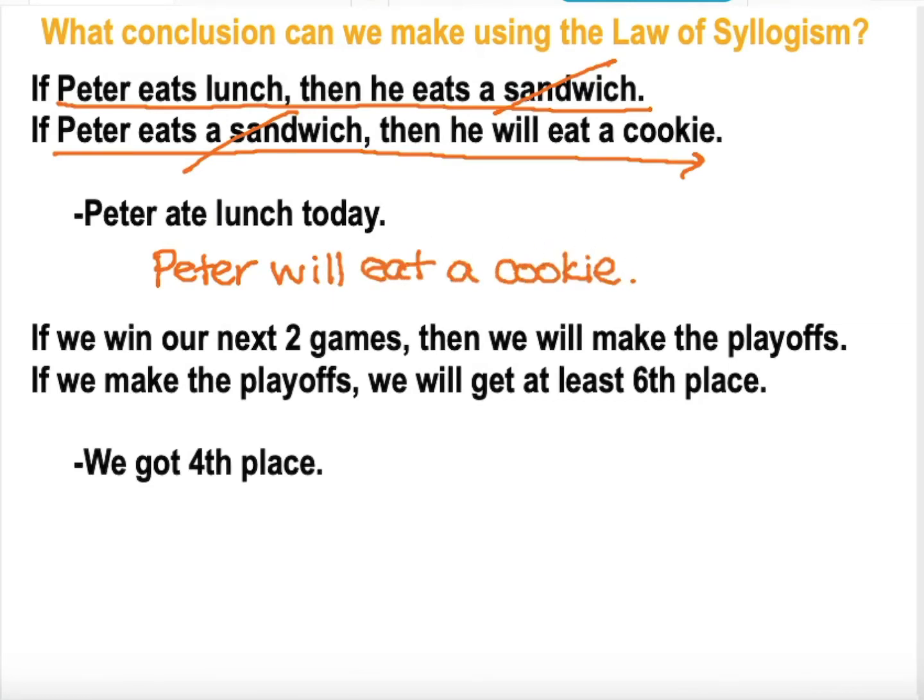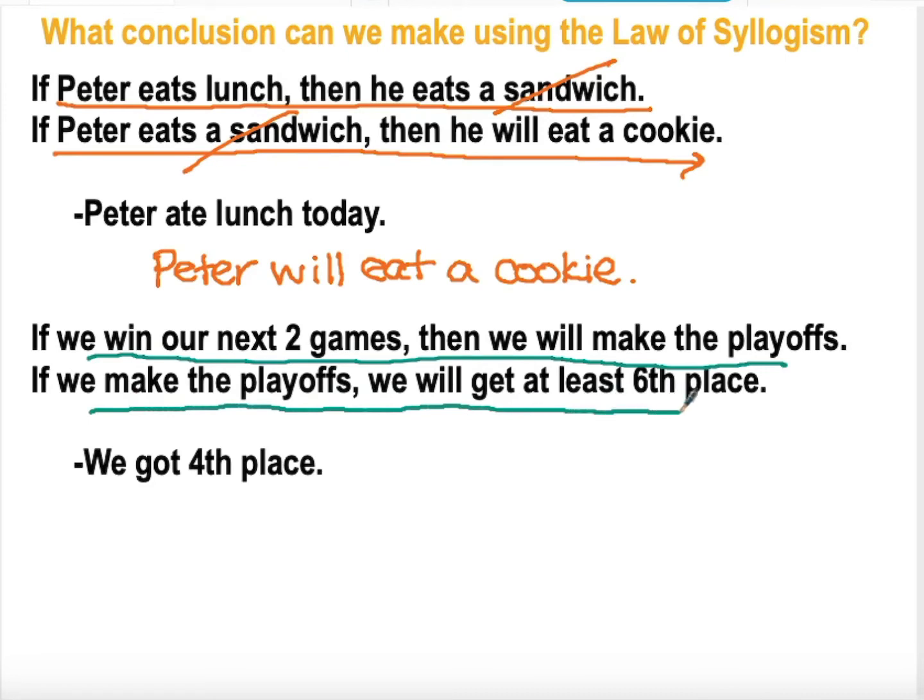Next one. If we win our next two games, then we will make the playoffs. If we make the playoffs, then we will get at least 6th place. We got 4th place. So this one's a little different, right? On the first one, we found out that the original if part was true: Peter ate lunch.